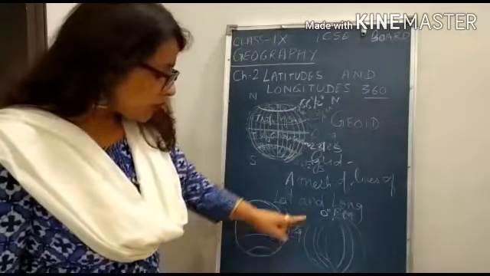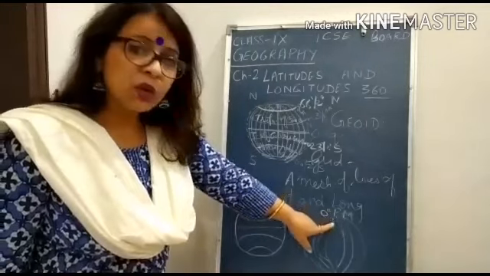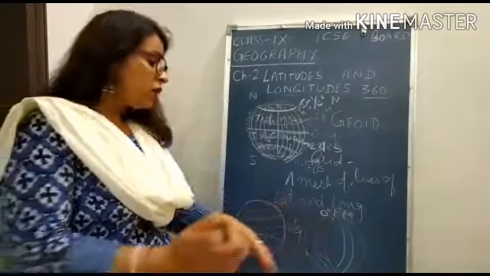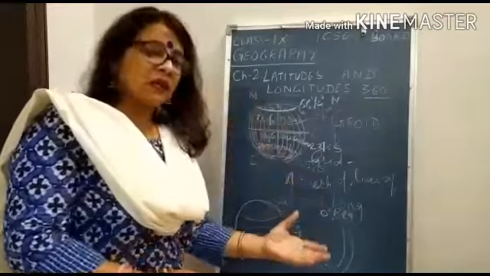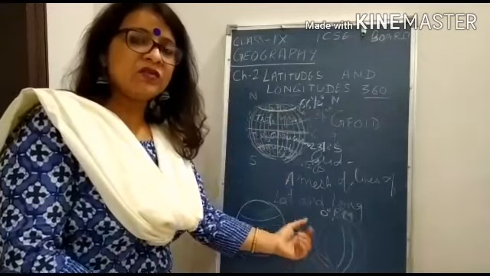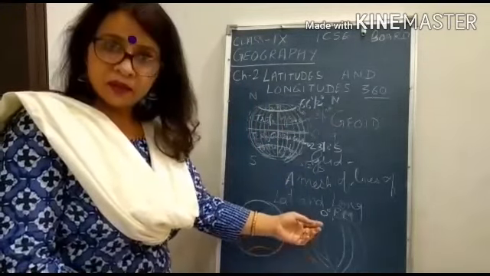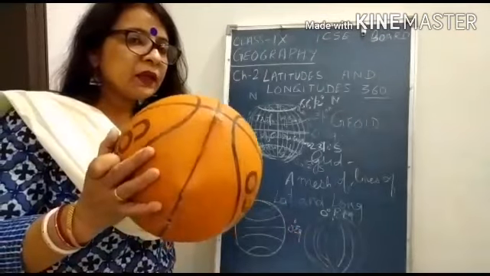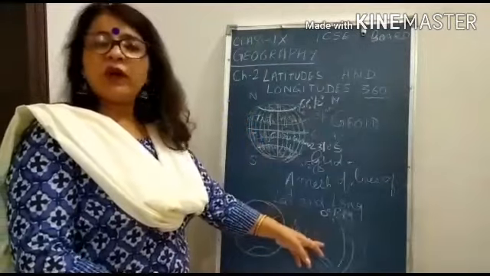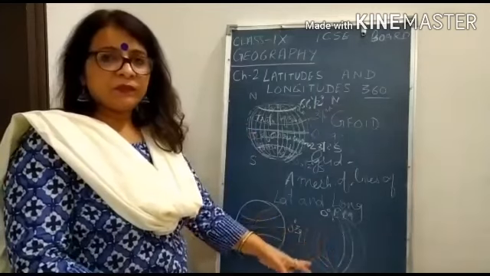Okay students, now this is the 0 degree prime meridian. Which line is at the back side of the 0 degree prime meridian? Yes, I showed you here on the ball. It is 180 degree longitude.